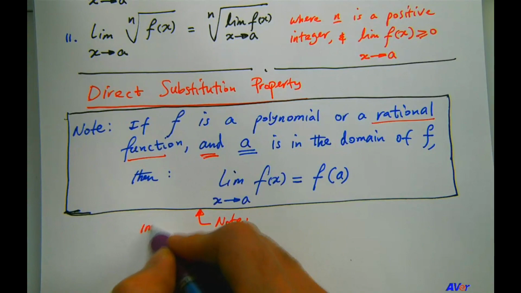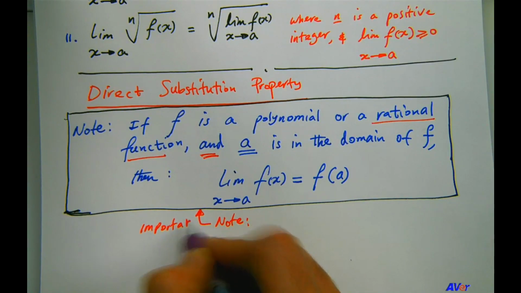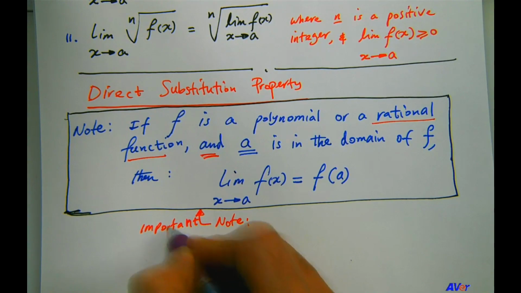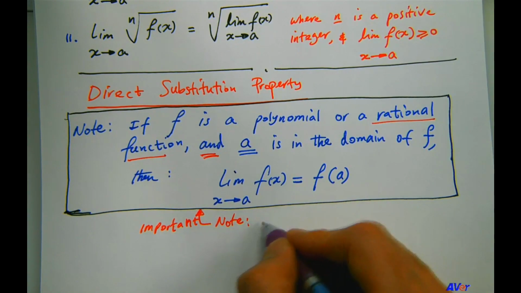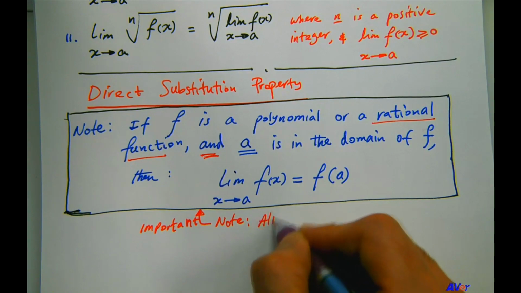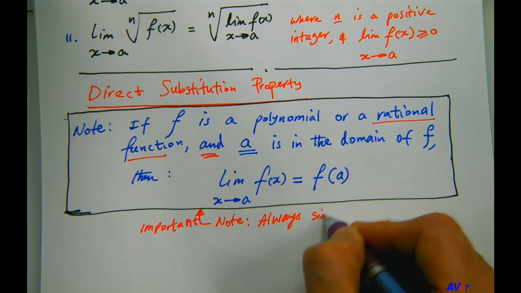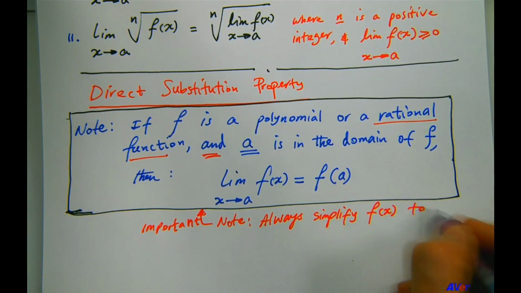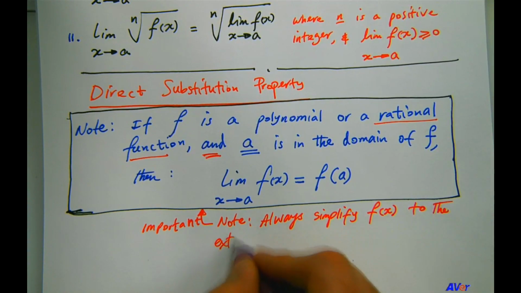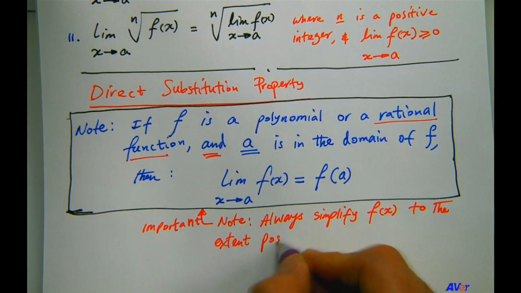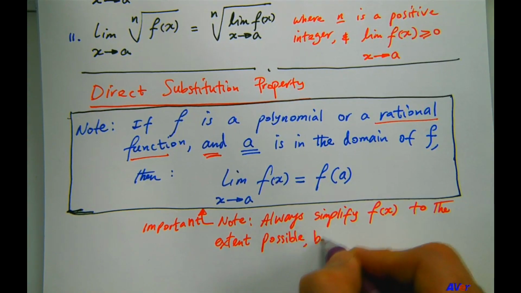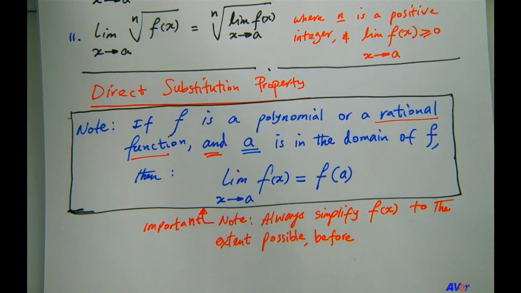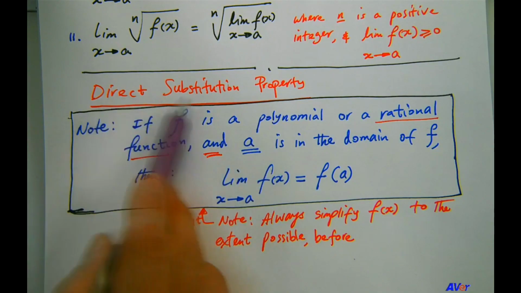The important note is that you should always simplify f of x to the extent possible before calculating the limit, right? Before substituting a in this direct substitution property.